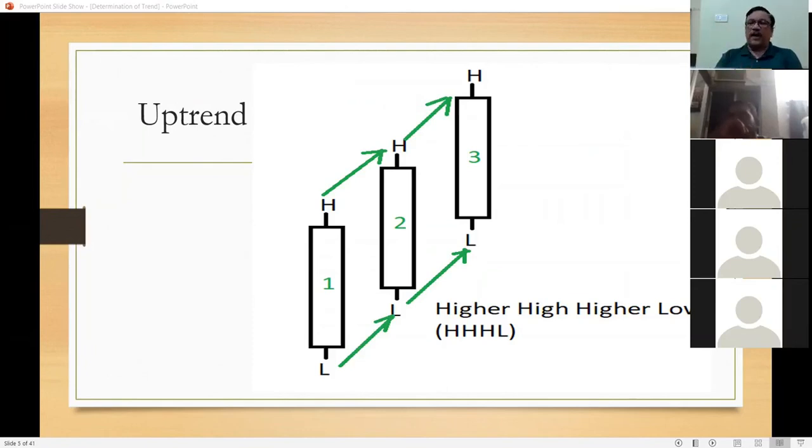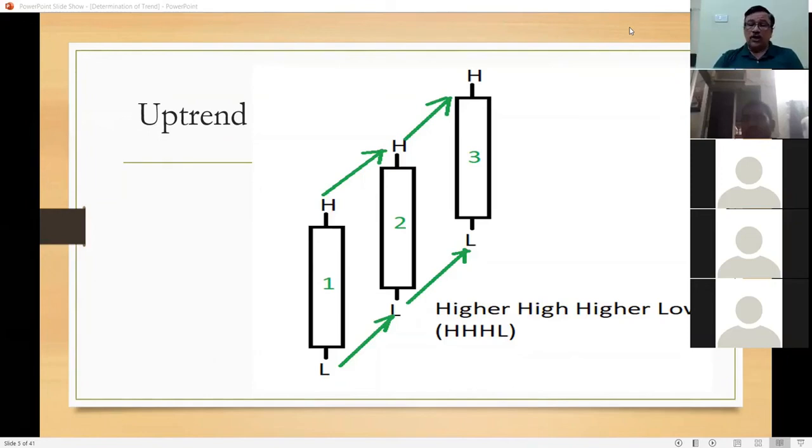If today's lowest price is higher than yesterday's lowest price, it is a higher low. So when we talk of higher high and higher low, we are comparing one day's price with the previous day's price. When the stock is in uptrend, majority of the times, it is making higher high, higher low for consecutive times. Sometimes it will come down, but again it will start making higher high, higher low.